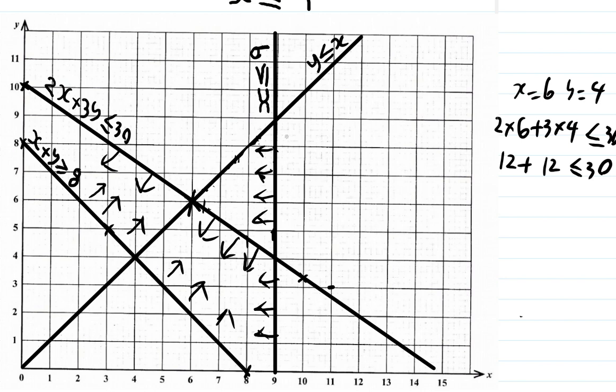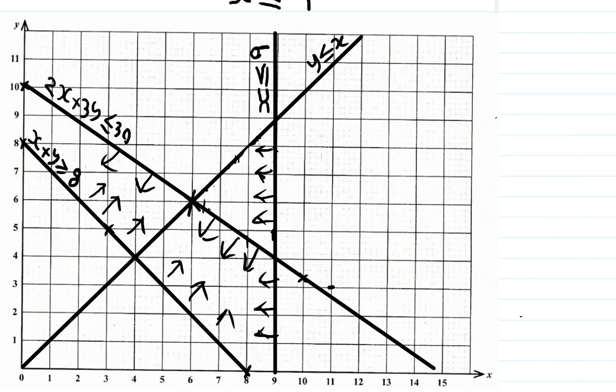Now, what about y less than or equal to x? Y must be less than or equal to x. Let us erase over here first. If we consider y less than or equal to x, we can choose two points. Suppose we choose this point, x equals 3, y equals 1.